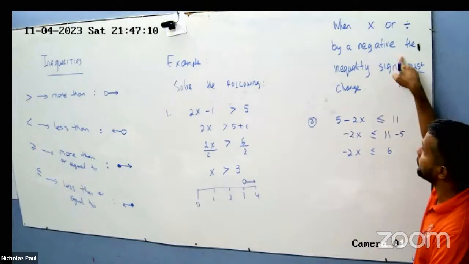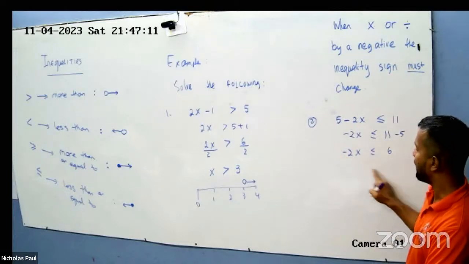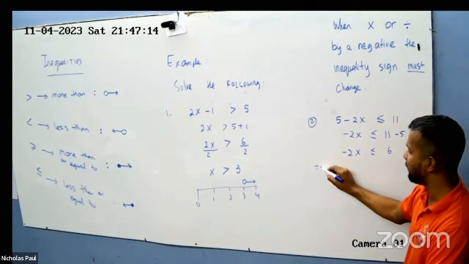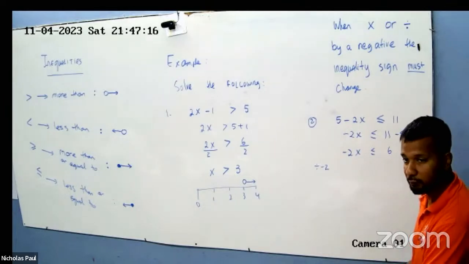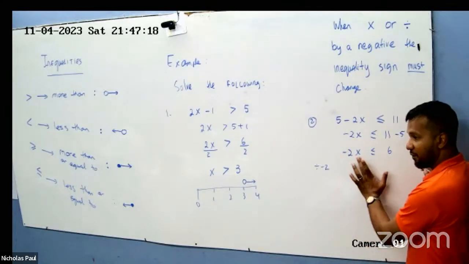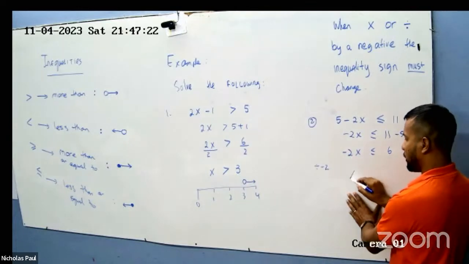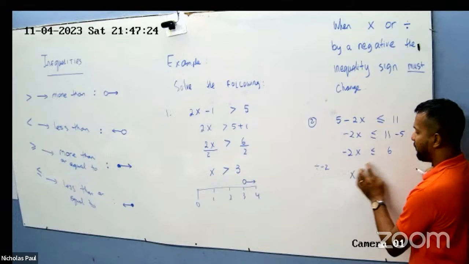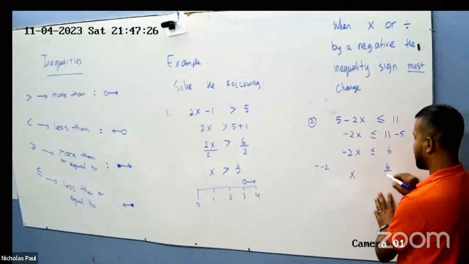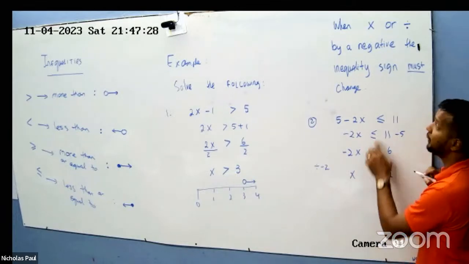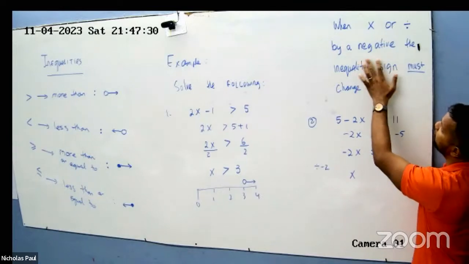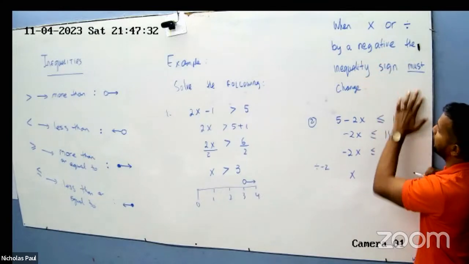Here's where we have to use this rule now. When you carry across the minus 2, it becomes divide, right? That's okay? So you're dividing every single thing by minus 2. So when you divide this by minus 2, you'll get x. When you divide this by minus 2, you'll get 6 over minus 2. But the rule said that whenever you divide by a negative, the inequality sign must change.